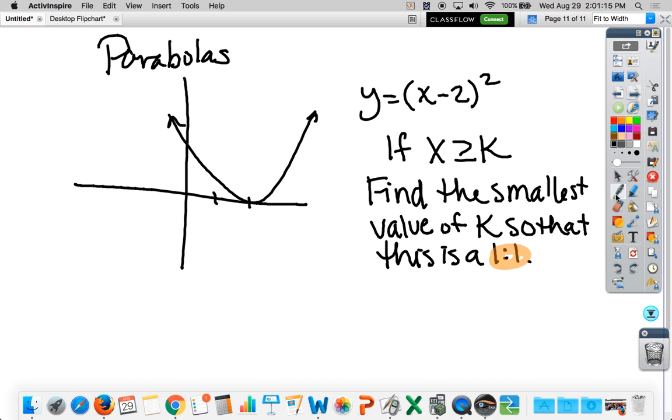One-to-one in our notes. A function is a one-to-one if the function and its inverse are functions. If the graph and its inverse are functions, it's a one-to-one. So we have not gone over that.